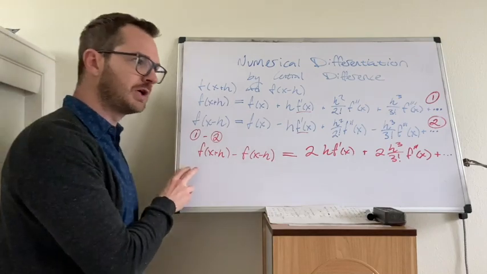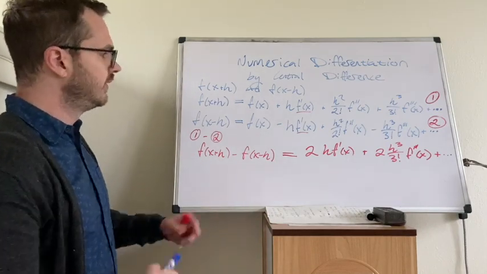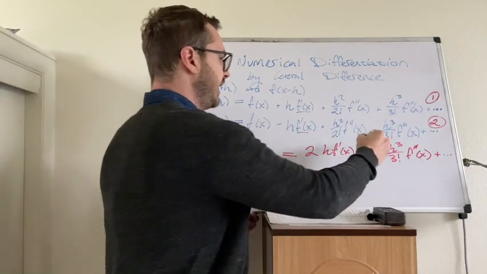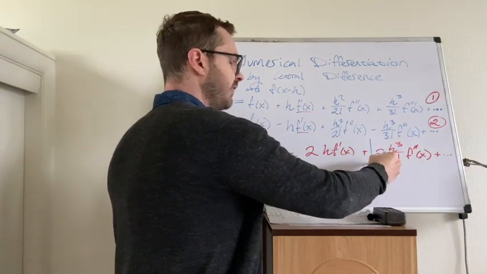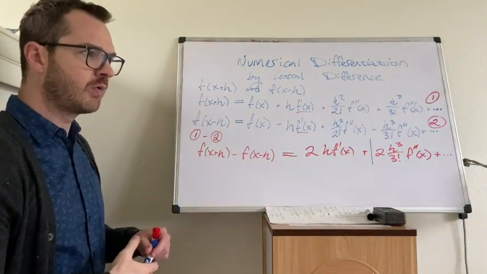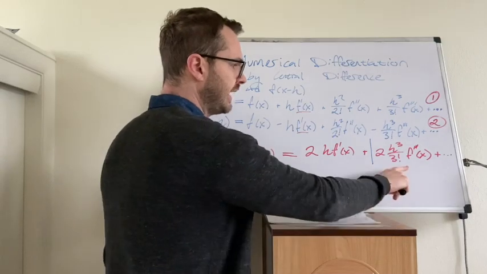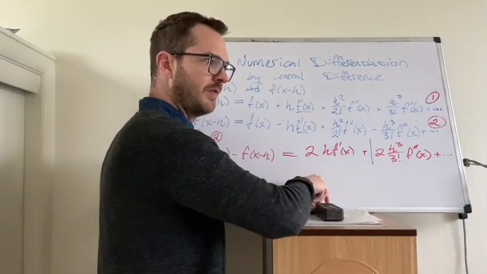If we want to truncate this series now, where do we truncate it? Well, we can truncate it right at this point. Now, if we truncate it at this point, what higher order terms are we ignoring? We're cutting out the 3rd derivative at this point.